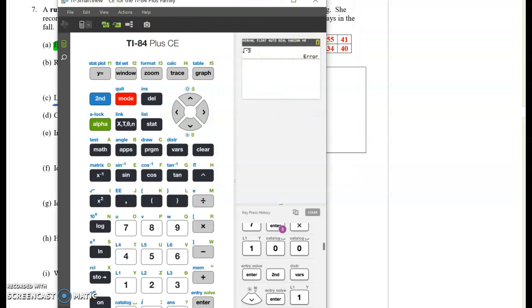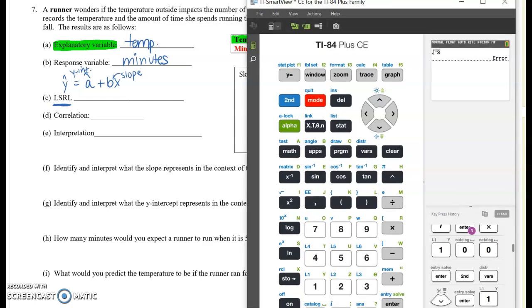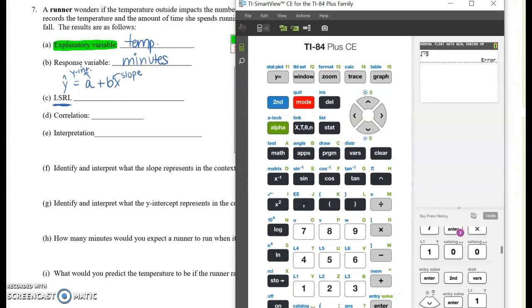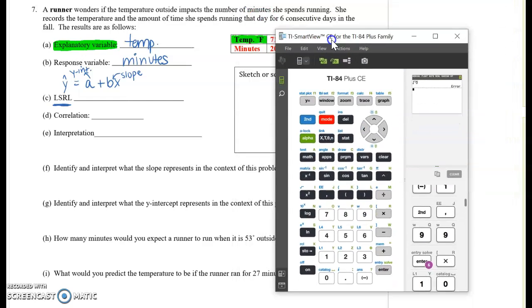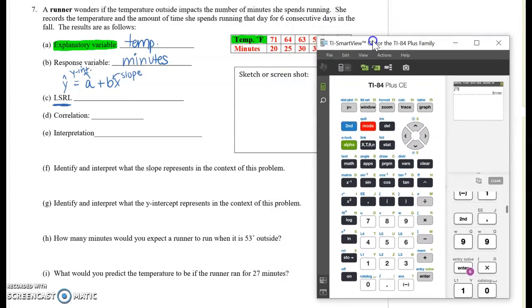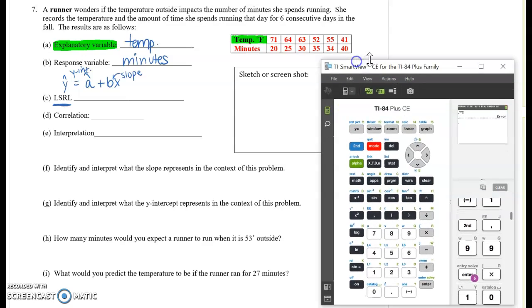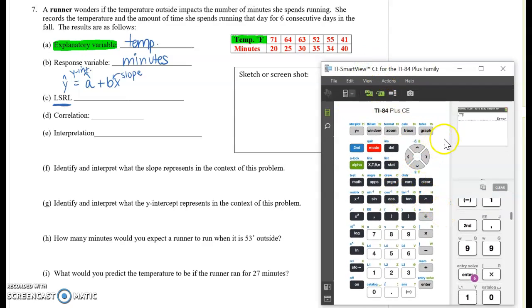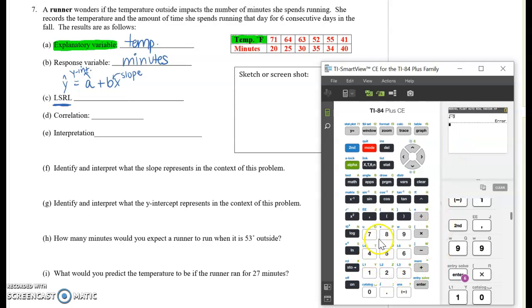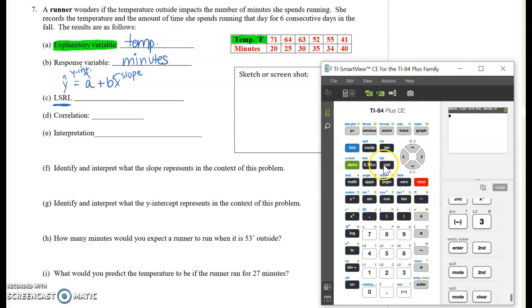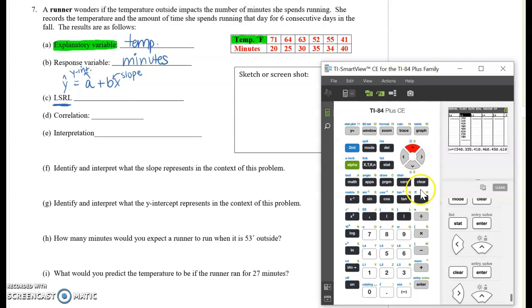So I'm going to pull up my calculator so you can see here, which if you cannot find your graphing calculator, you have to look on your Chromebook and type in TI. So what I'm going to do first is I have to click Stat, Edit, and I have a list in here, so I can clear these out by arrowing up and hitting clear.